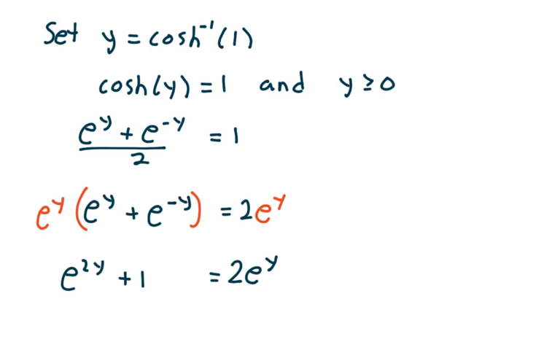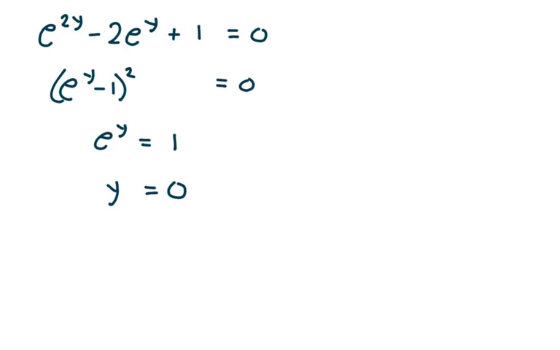But if we go back, y is equal to the inverse hyperbolic cosine of 1. And so, therefore, the inverse hyperbolic cosine of 1 ends up being 0. So it's a nice little way to reason that out.